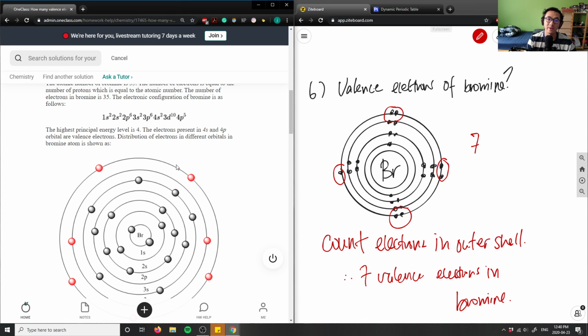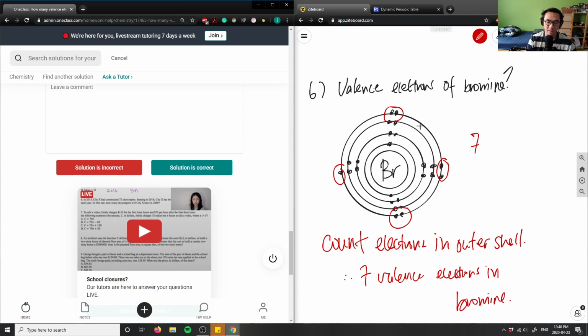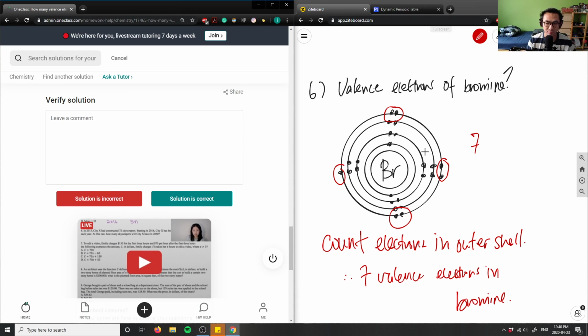So they justified this using the electron configuration, but we can also justify it with the Bohr-Rutherford diagram in this case. Again, it's the incorrect model, but if it's asking from a grade 9 perspective, this would be a valid answer. So great solution, good analysis.